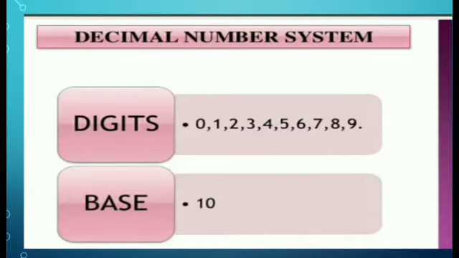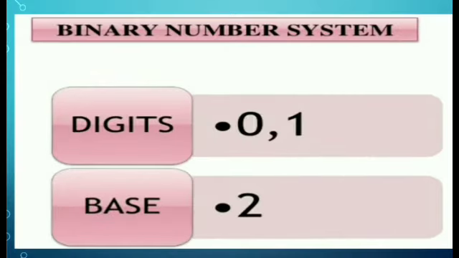Now the decimal number system, for example: 0, 1, 2, 3, 4, 5, 6, 7, 8, 9. The base is nothing but the total amount of numbers, so the total number is 10. But in the binary number system, the digits are 0 and 1. So what is the base? The base is 2. Okay.